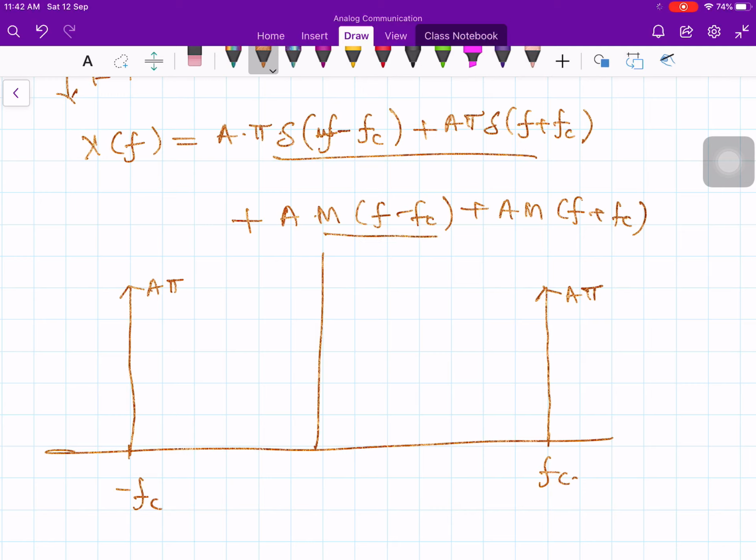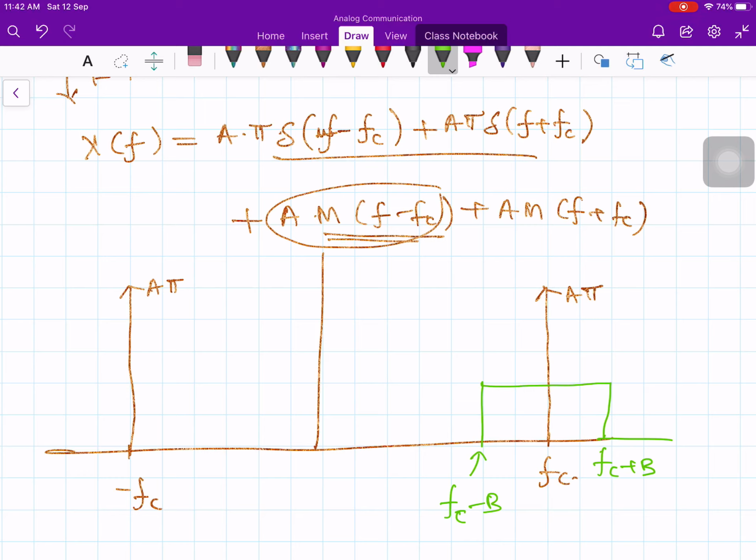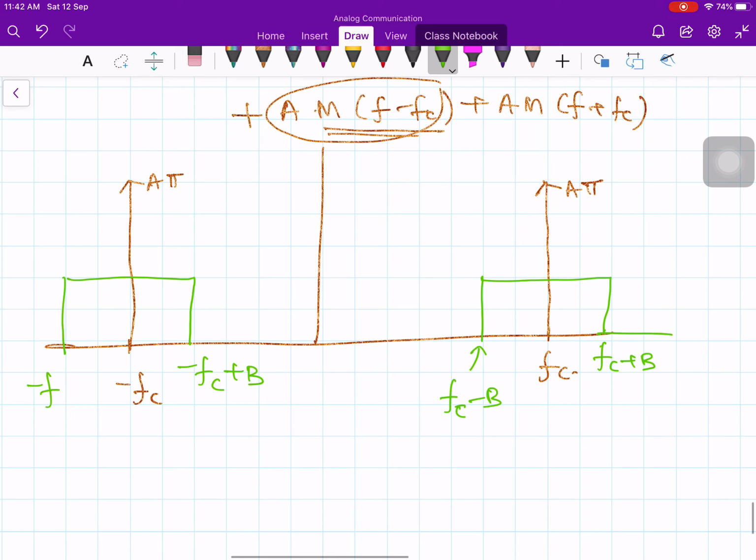Now at f equal to fc I have a frequency component with bandwidth like this. This point is fc plus B, this one is fc minus B, and likewise you have minus fc, this is plus B, and this one is minus fc minus B.